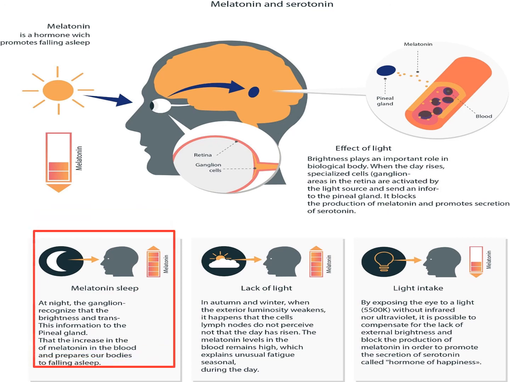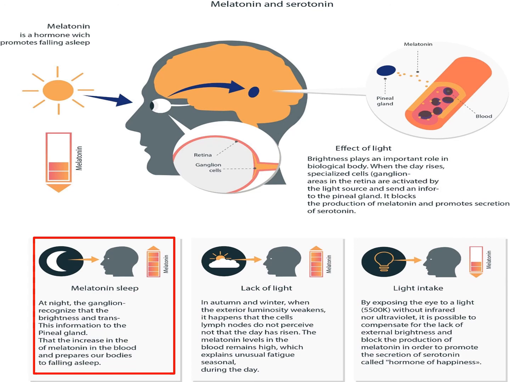Then, if we talk about melatonin and sleep, what happens at night? The ganglion cells recognize the darkness and transfer this information to the pineal gland, which increases the level of melatonin in the blood and prepares our bodies for falling asleep.